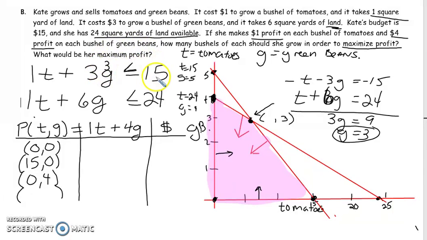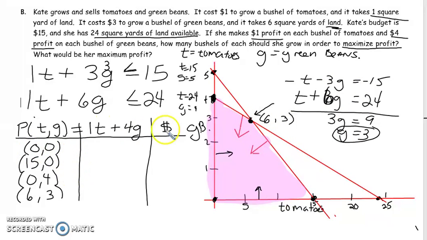Would be 6. So this is 6 comma 3. I forgot I was going by 5s, wasn't I? So if that's 5, this is probably 6. So 6 comma 3 is my last point. But I wouldn't have known that unless I did an elimination up here. So sometimes you might have to use elimination to find some of your corner points.